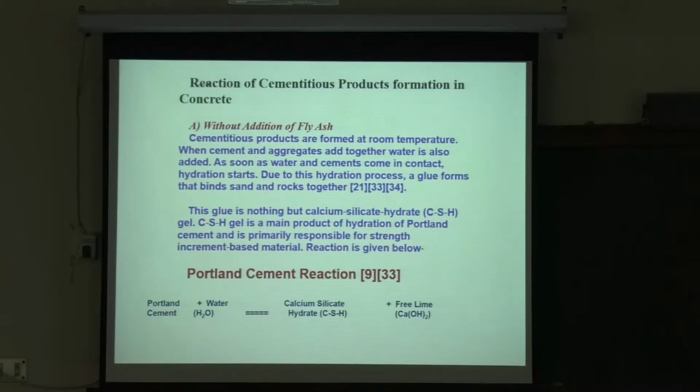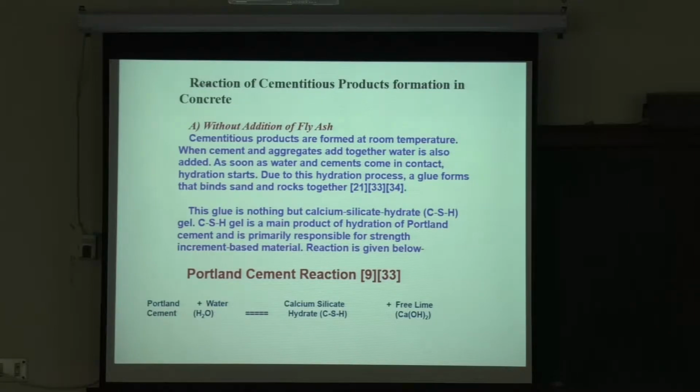So the sand and the glue or the cement are all separate. When you have the water, it forms a chemical bonding between the sand and rocks. The glue is nothing but calcium silicate hydrate gel, and this is the main product of hydration of Portland cement.